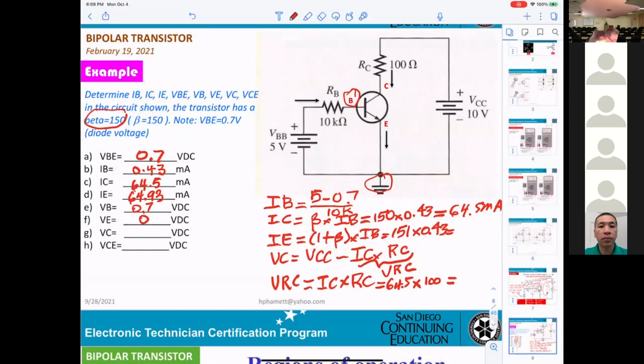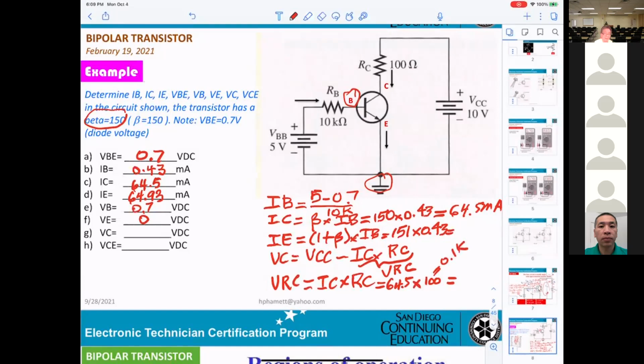Okay, 64.5 is in milliamp, so the resistance must be changed to kilo ohm, 0.1 kilo ohm.